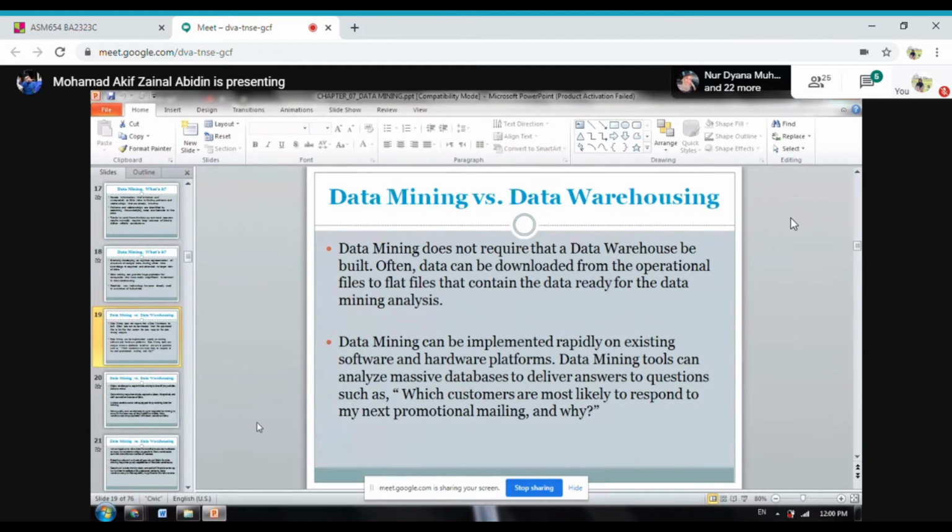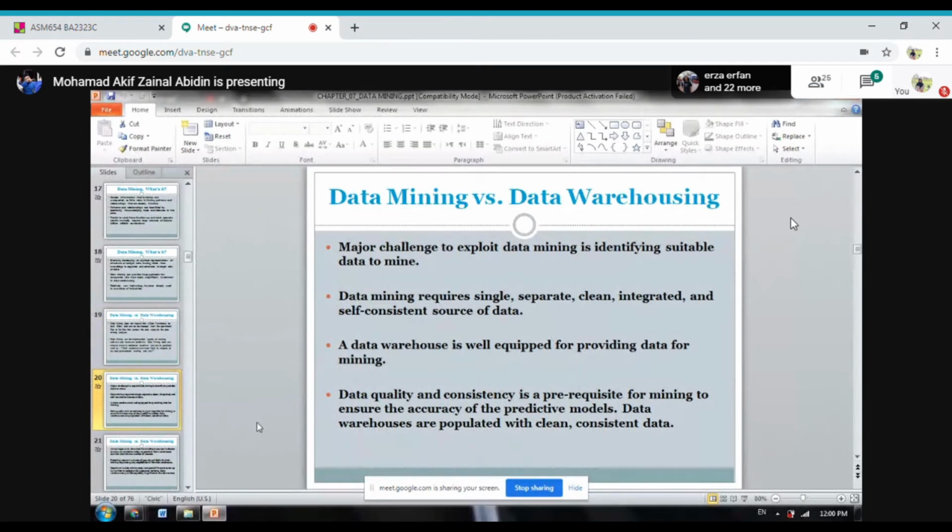What you need to have is just the... Okay, analyze massive databases to answer questions such as which customers are most likely to respond to my next promotional mailing and why. Okay, this is an example of how they use data mining in the industry. Okay, next slides.